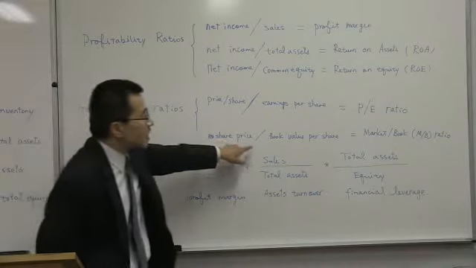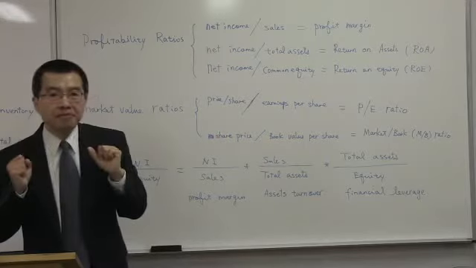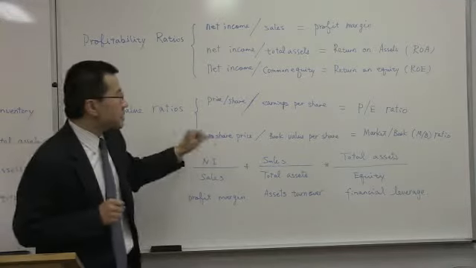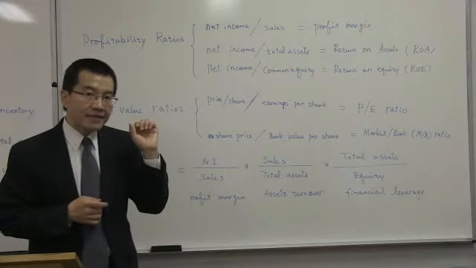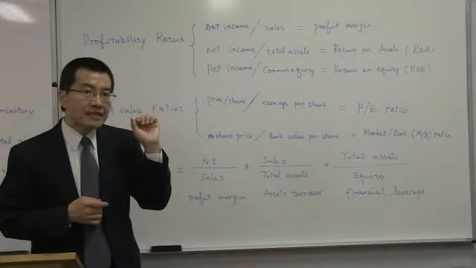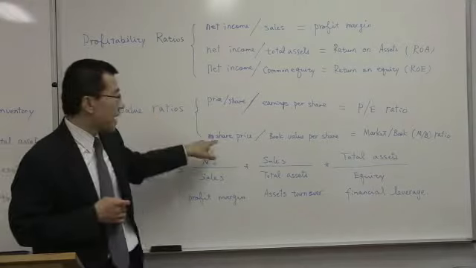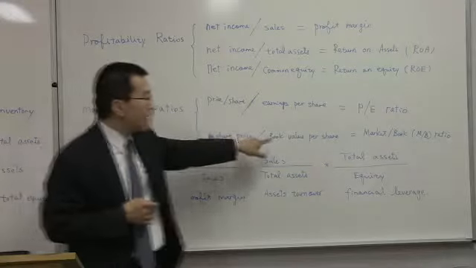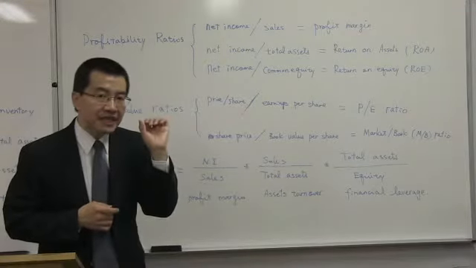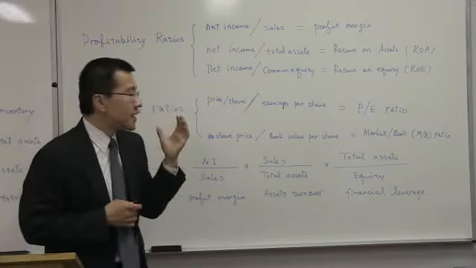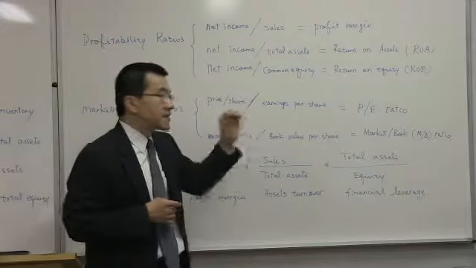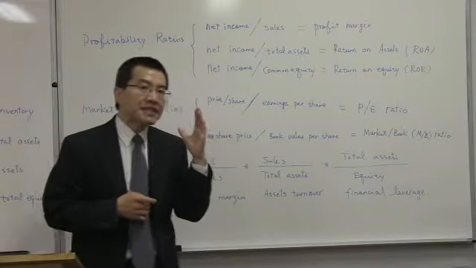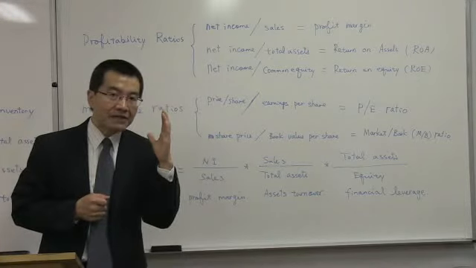Another thing we talk about is the market to book ratio. The market value is based on the shares outstanding and what the share price currently is. So we have the share price, and we also have the book value of the company. We calculate the number of shares outstanding, then divide the company's book value by the number of shares outstanding.